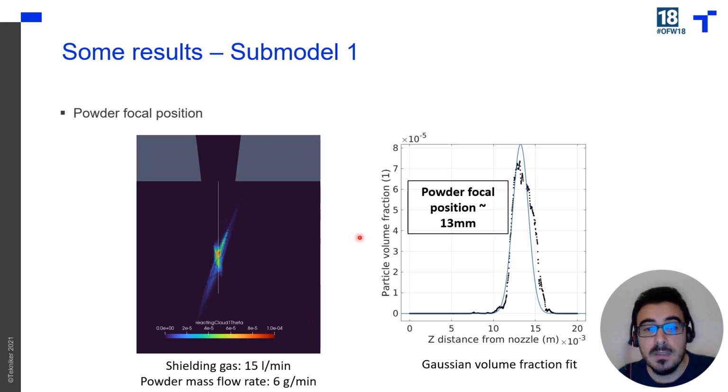On the right-hand side, we can see a fit of the particle volume fraction as a function of the distance from the nozzle. If we fit it more or less to a Gaussian shape, we find that our focal position is close to 13 millimeters, which is in good agreement with the nominal distance provided by the manufacturer and also by the pictures that we showed you before.